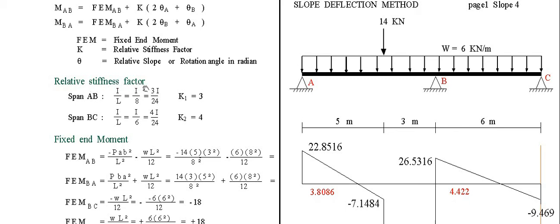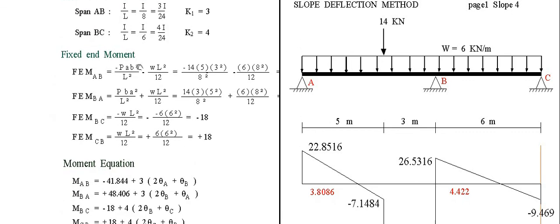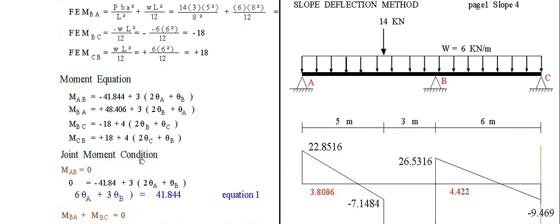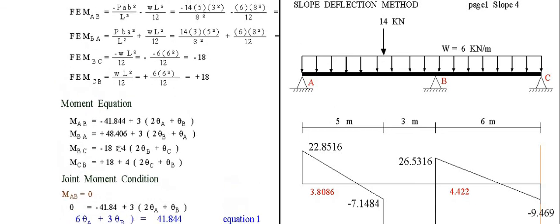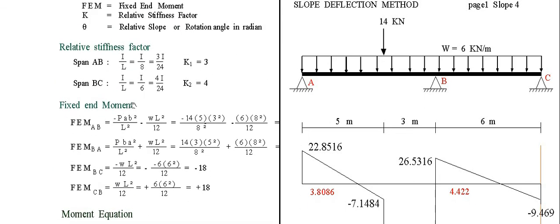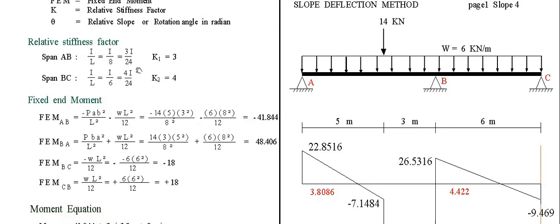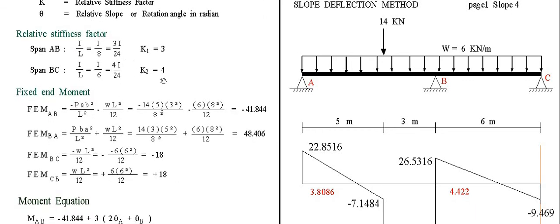We have 4 of these: relative stiffness factor, fixed end moment, moment equation, joint moment condition. 1, 2, 3, 4. Whenever we compute by slope deflection, we have to follow this guide.